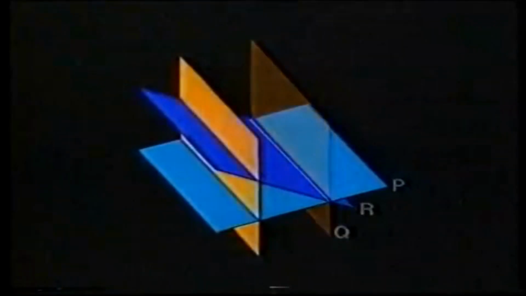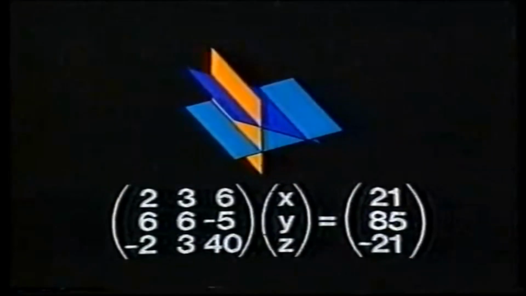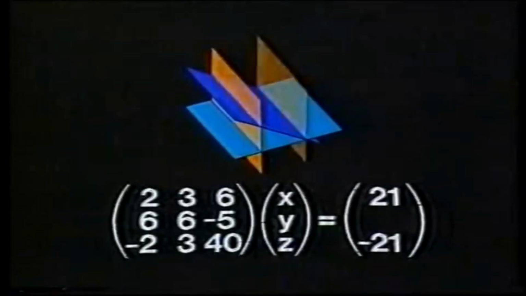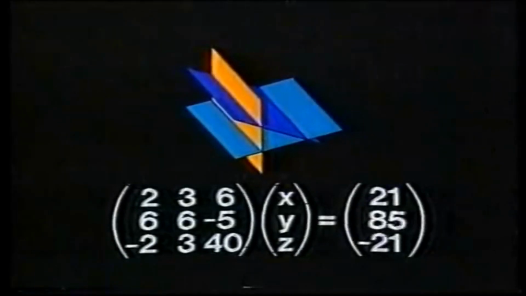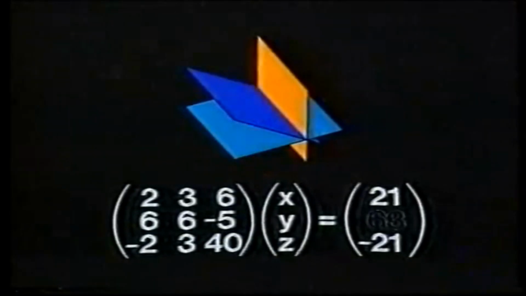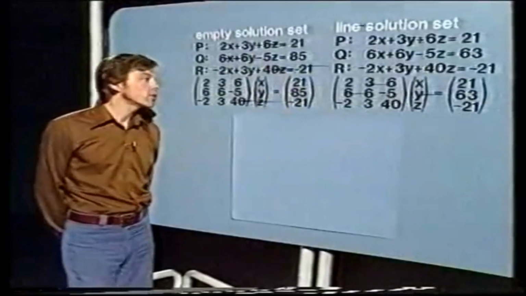Let's just see that again. This time, look at the associated matrix equation at the same time. Look particularly at the right-hand side of the equation. You see, we've got a problem.